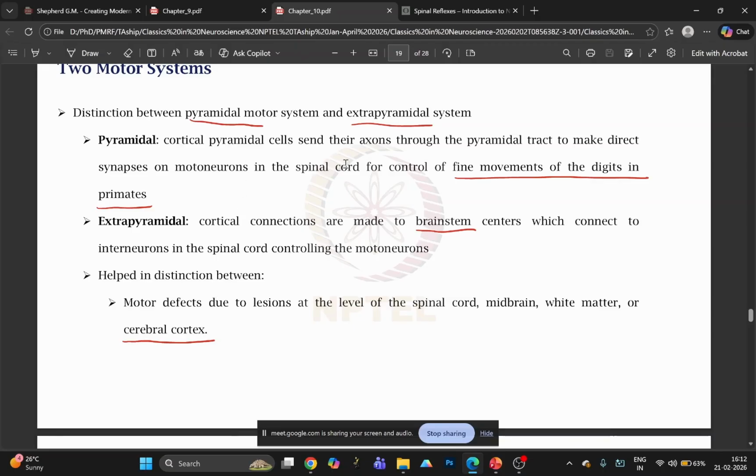We see that in the pyramidal system the connection is direct. In the extrapyramidal system there are various different connections. That helped to distinguish that there are two different systems and how they work. This information helped people distinguish the cause for the motor defects that are arising.